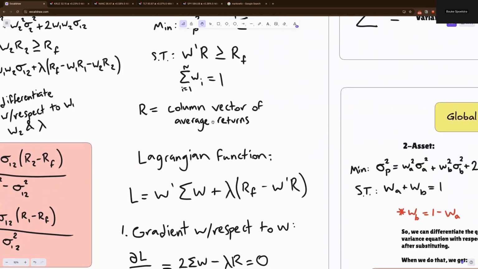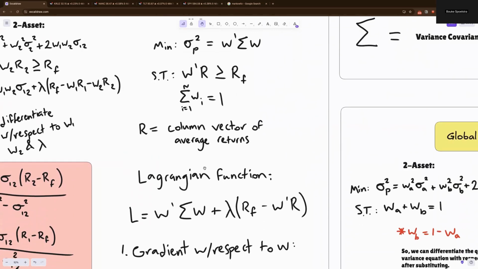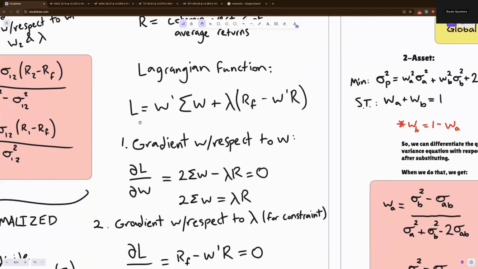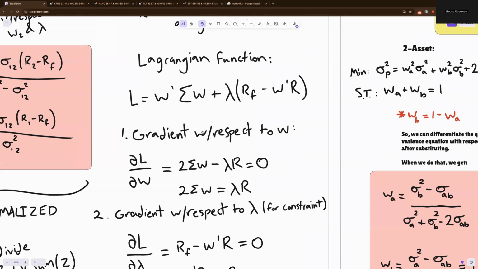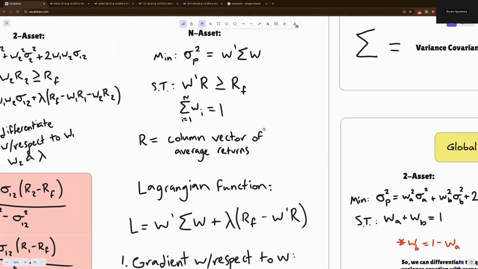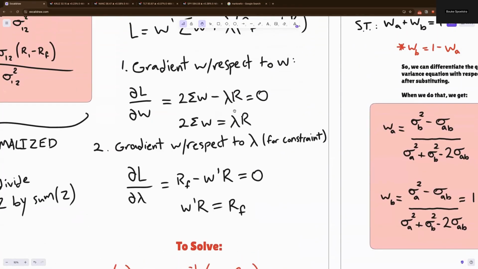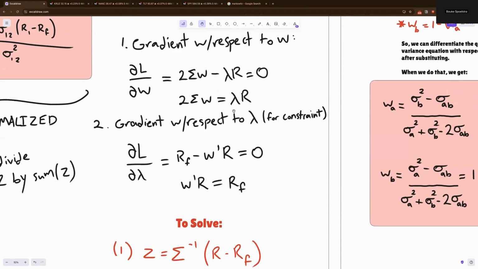Where R is a column vector of the average returns, you set up the Lagrangian function like this, with the transpose of the weights multiplied by the variance covariance matrix plus the Lagrangian multiplier multiplied by the risk-free rate minus the transpose of the weights multiplied by the return column vector. So when you differentiate with respect to the weight and lambda, you get these two equations.